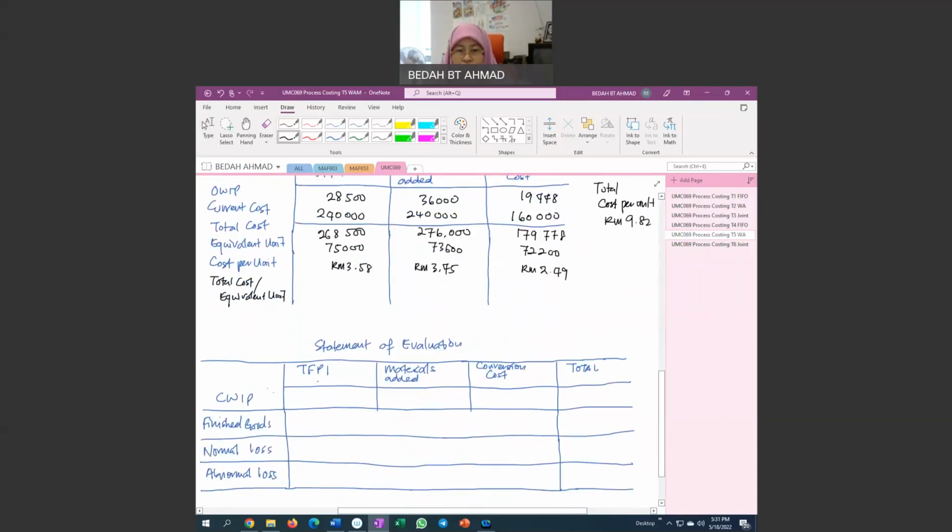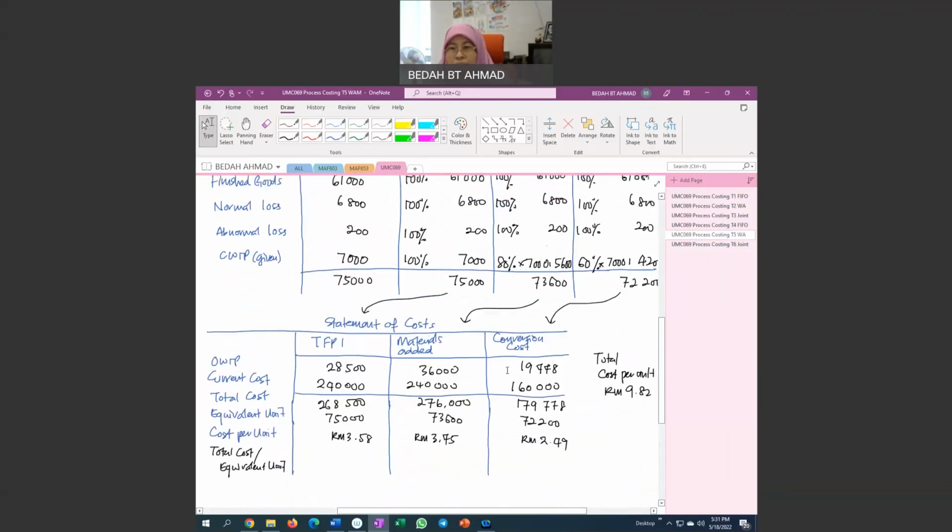For each CWIP, closing work in progress, you need to calculate for each process, which is the transfer from process 1 multiplied by the units. Okay, then similarly for the materials added, multiply, and conversion cost RM 2.49 multiply. How many units?